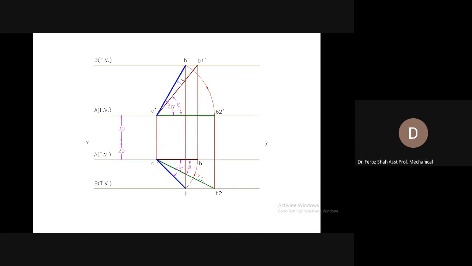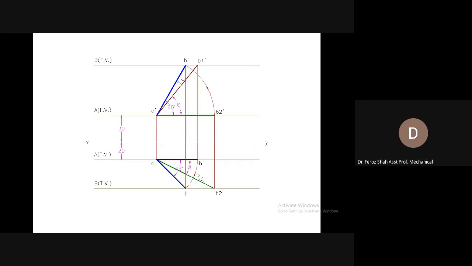Join B2 with A. So you have also gotten the true length, because if one view is parallel, then the other must show the true length. In this case, we have made the front view parallel, so the top view must show the true length.